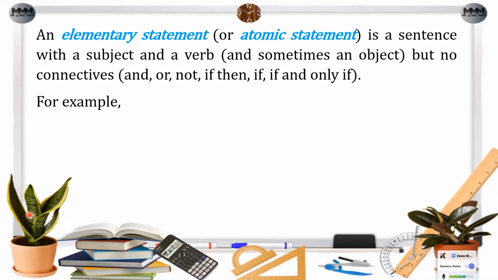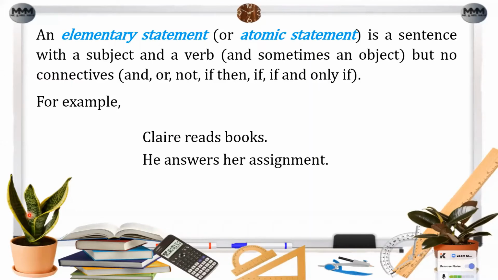For example, Claire reads books. Another one, he answers her assignment. And then, they understand the discussion. These examples are elementary statements.